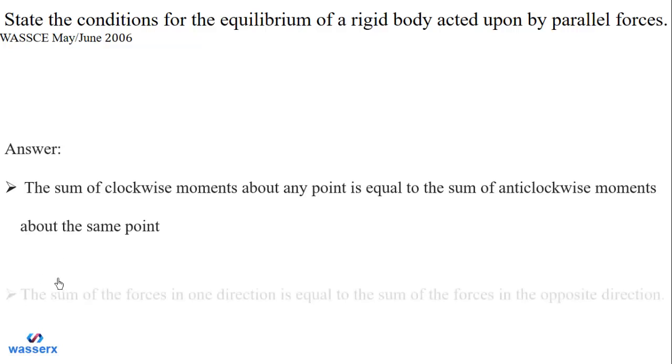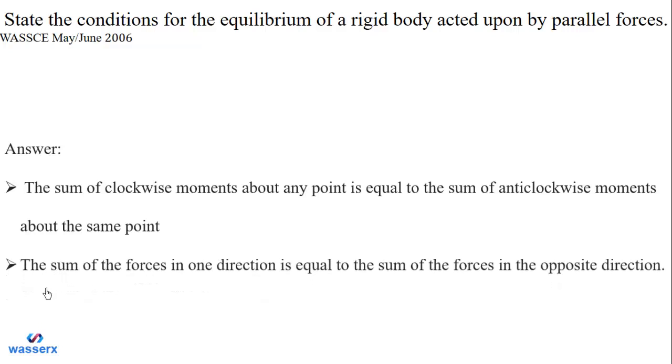Then the next condition is that the sum of the forces in one direction is equal to the sum of the forces in the opposite direction. So the sum of the forces in the negative direction should be equal to those in the positive direction, or those in the up direction should be equal to those in the downward direction.